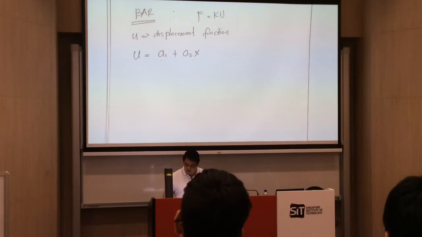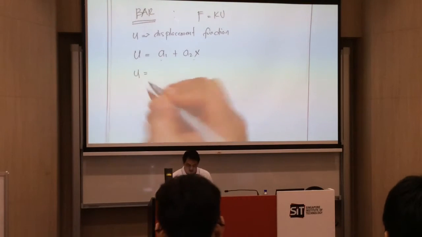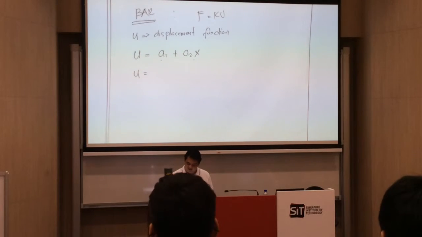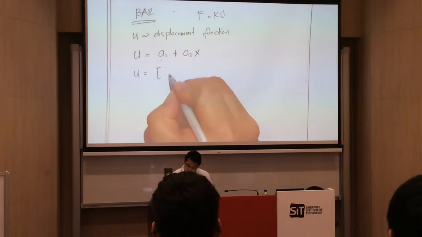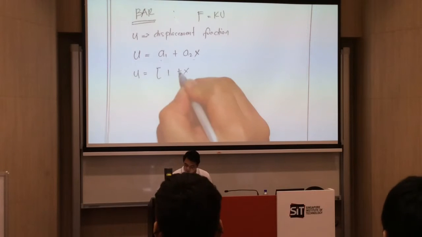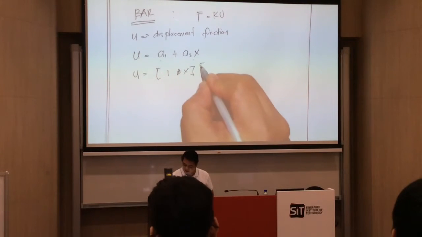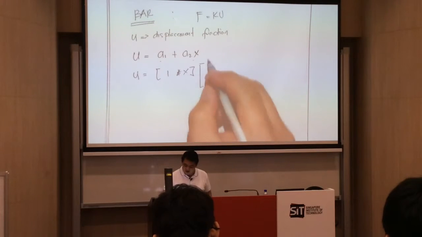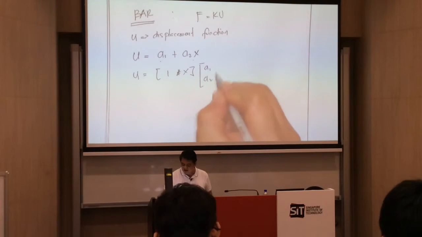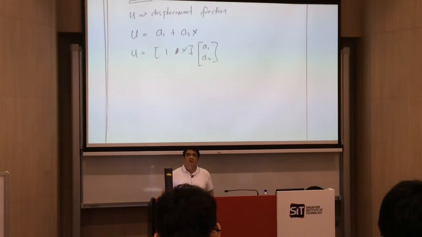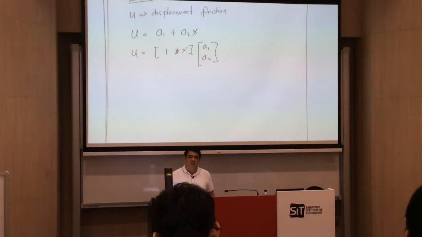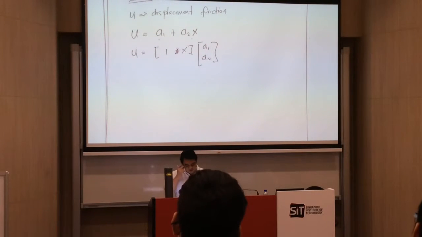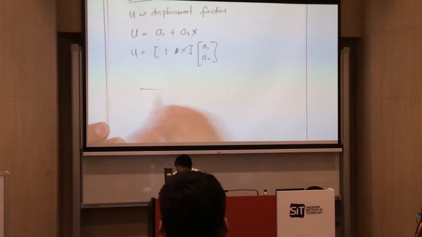So what we can do here is, just to rewrite it, we can have this one to be 1 and x. If you want to write it in a matrix form, you can have here A1 and A2. Again, you probably should have known this already. So let's have a look at this bar here.